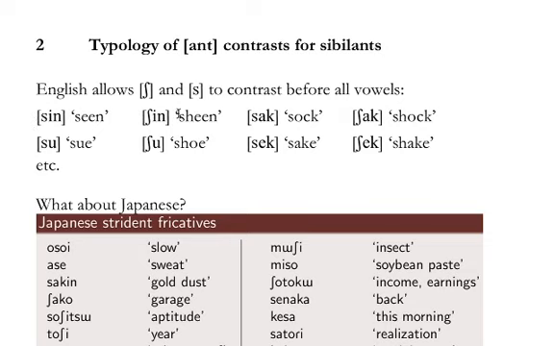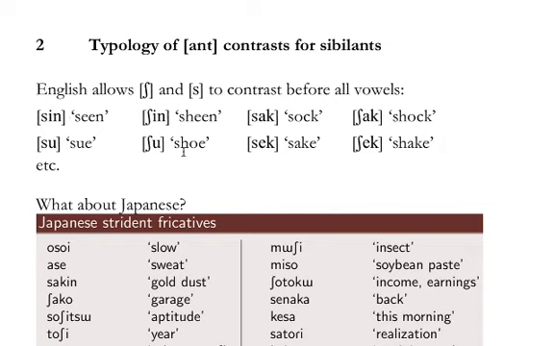Therefore, this plus or minus anterior feature must be stored in English lexical entries. So this consonant would have the feature plus anterior, this one would have the feature minus anterior, and English preserves this contrast in the output, allowing words like seen and sheen that mean different things to be pronounced differently.